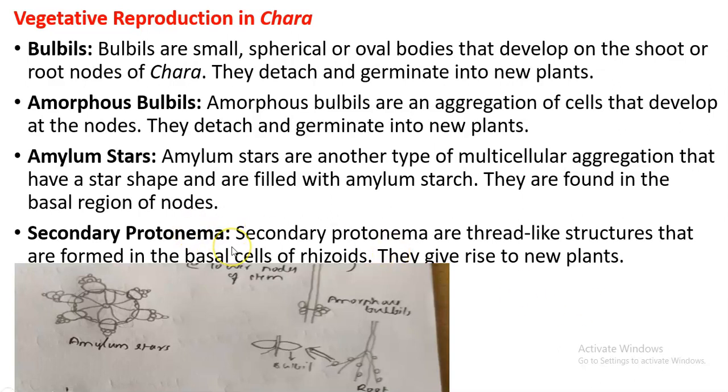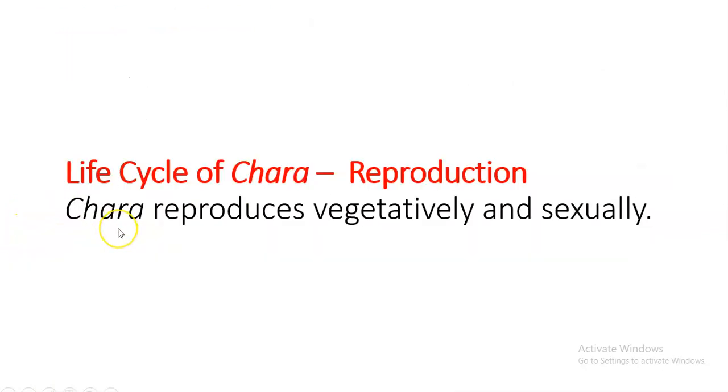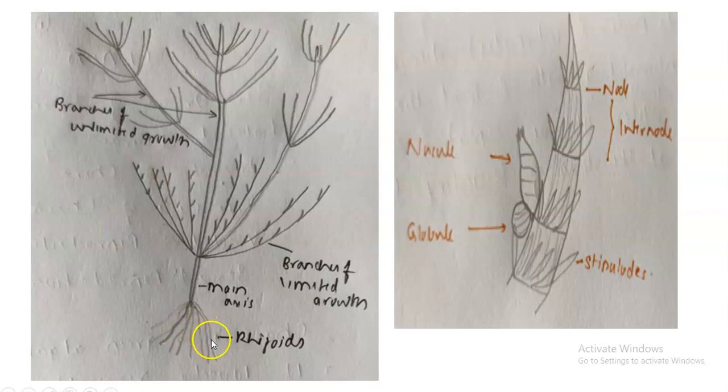In the upcoming sexual reproduction session, while the zygote is germinating, I will show you the primary protonema, from which rhizoids and the erect stem arise, and from that primary protonema we will see the formation of secondary protonema. For now, understand that secondary protonema are thread-like filaments attached to the rhizoids. These will detach and form a new thallus of Chara. So that's about secondary protonema.